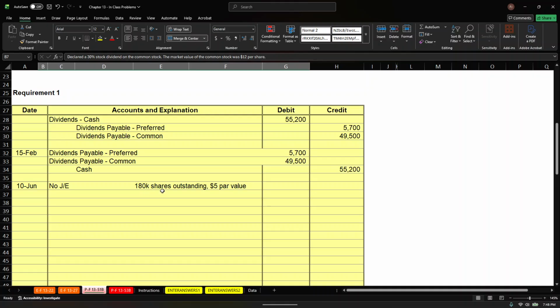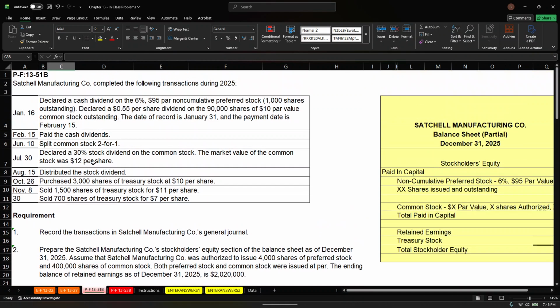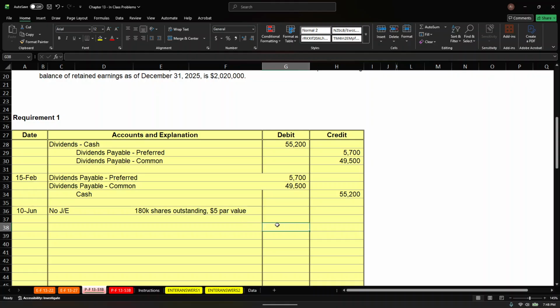So we have 180,000 shares outstanding, and it's a $5 par value. So one way you can do it is to figure out the value of the stock dividend. You basically can do 30% times 180,000. That's the number of new shares that we're going to create times, in this case, again, since it's a large stock dividend, we're going to use the par value, not the market value. Okay, so it's $5 par value.